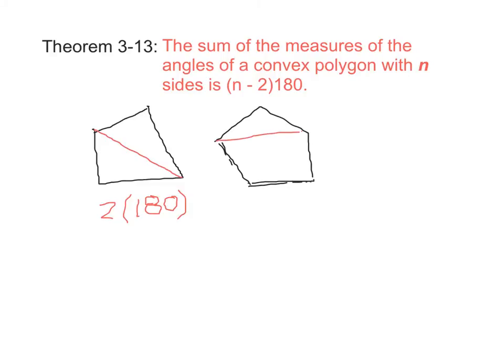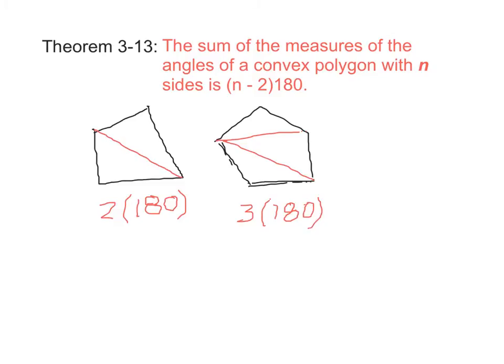One triangle, two triangles, so now we've got 3 triangles. So the sum of the interior angles would be 3 times 180. Again, notice that 3 is 2 less than the number of sides we had, which was 5.